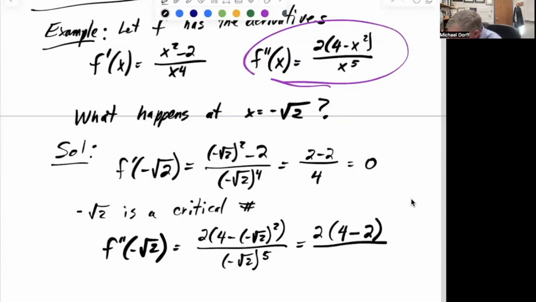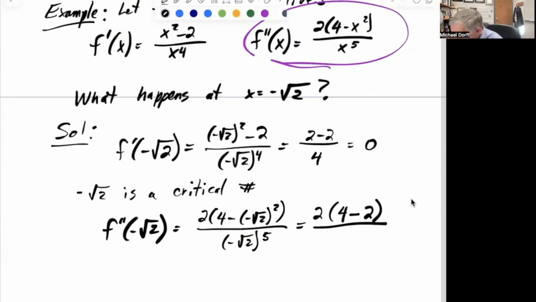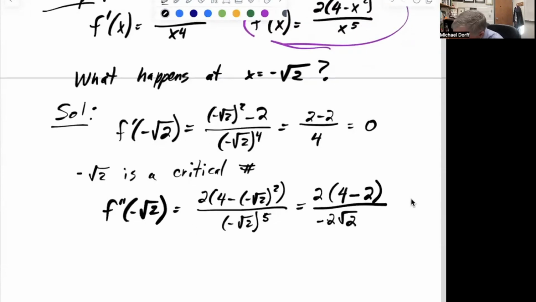And in the denominator, I'll figure that all out. Oh, wait a minute, sorry, little mistake there.